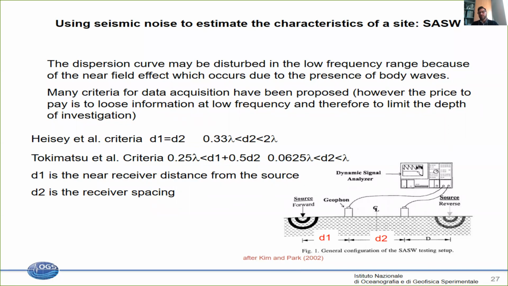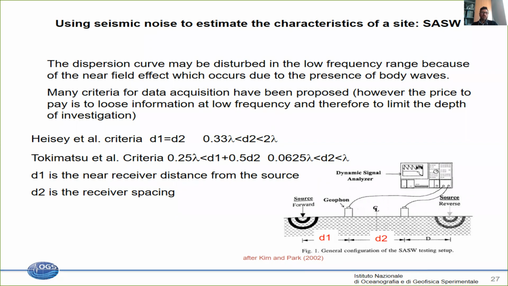For example, if I am too close to the geophone, the body waves can still be quite strong. So they can disturb the analysis of phase and therefore generate some mistakes in the analysis.